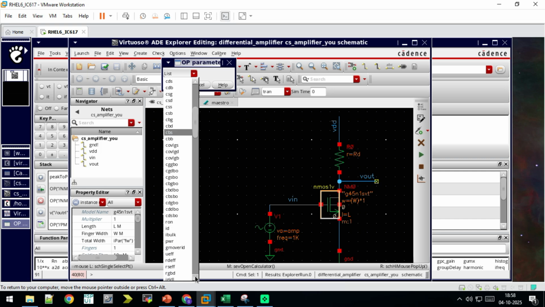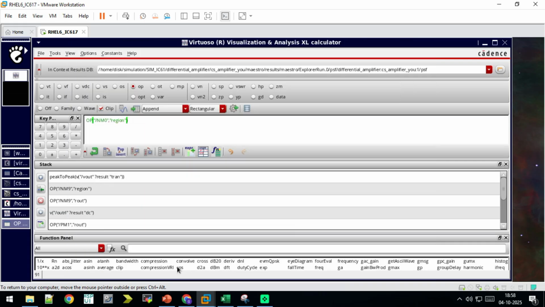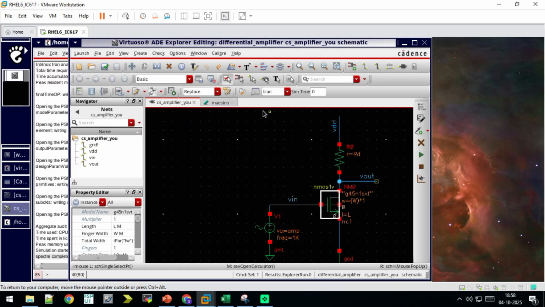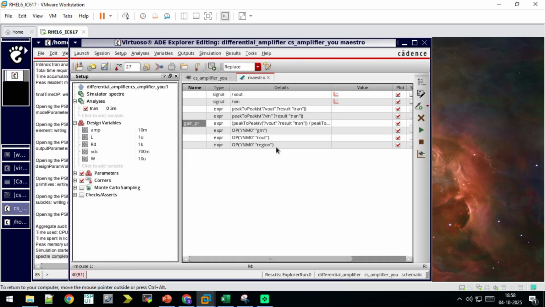So let me take the region also. Yes, the region of the transistor is also visible over here. So these things will be very helpful when you do the analysis.